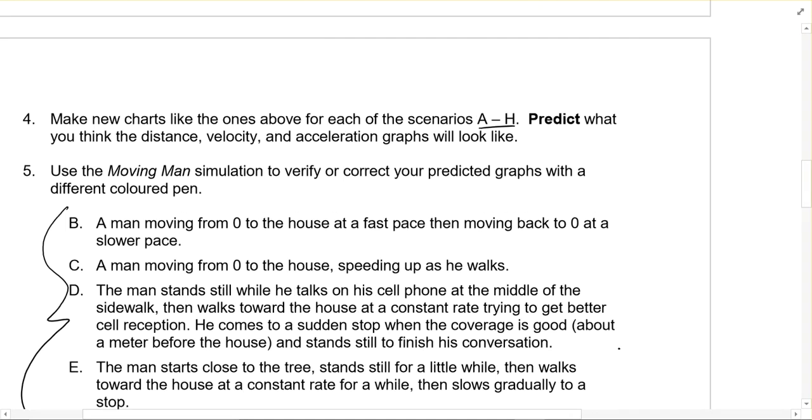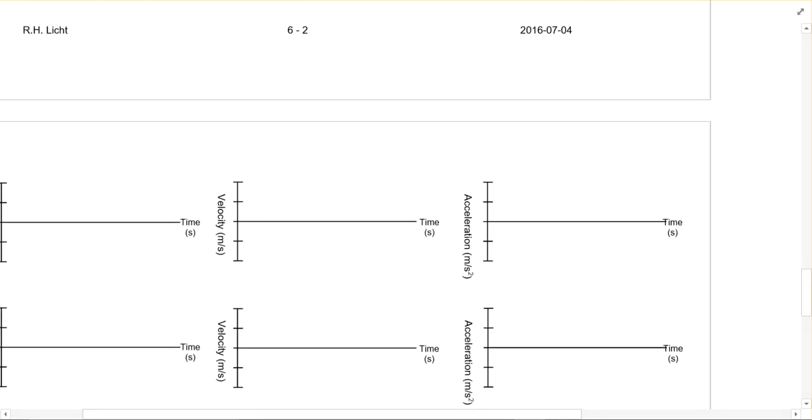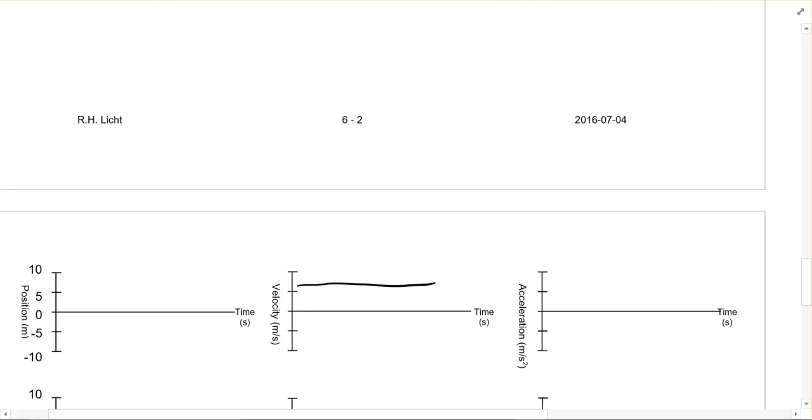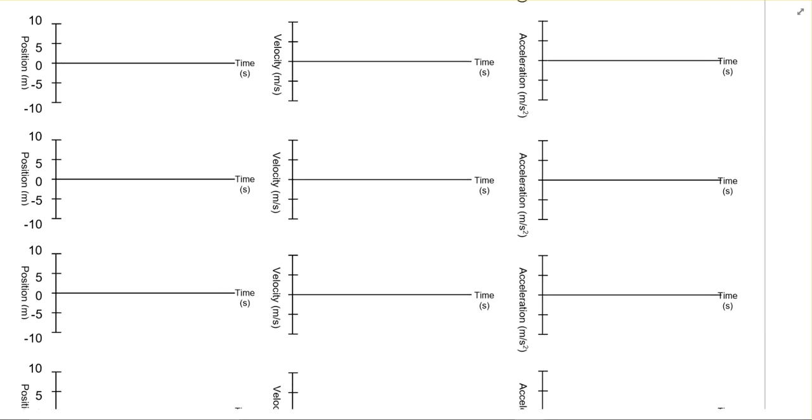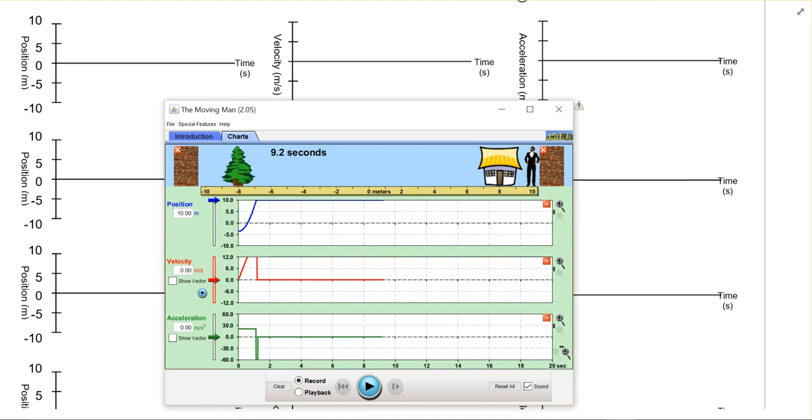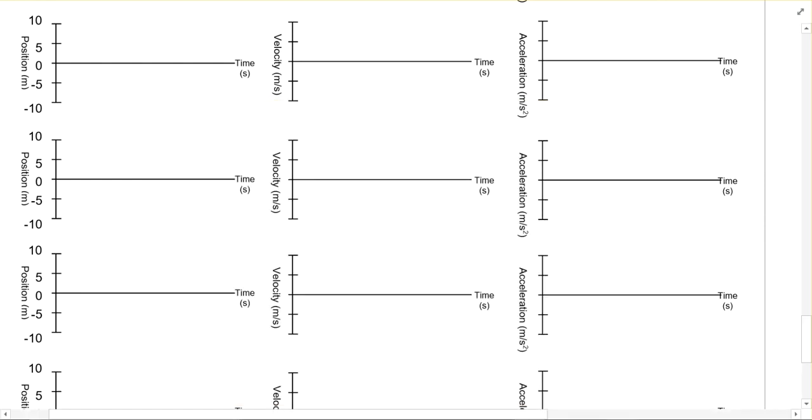So if you just draw me, like on that next page, something like this, and you don't explain anything about it, like why you think it's that way, then you're not going to get full marks for that. I want detailed explanations for why you chose what you did, and even better if you show me on the actual gizmo here why, or tell me why you were wrong, or why it is different.